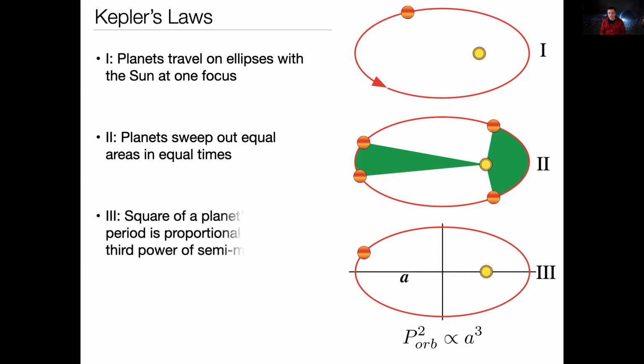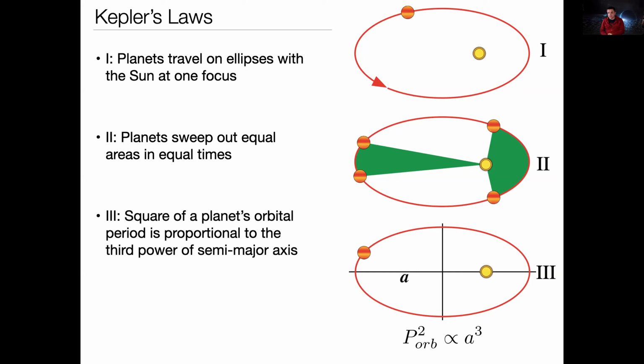The third law is probably the one we use the most often. It's usually called the harmonic law. It basically said that the time it takes a planet to go around its orbit is related to the size of the orbit. And written in the language of ellipses and orbits, it says the square of the orbital period, the time it takes to go around its orbit, is related to the cube, the third power, of the semi-major axis, which is basically half the long axis of that squished circle.